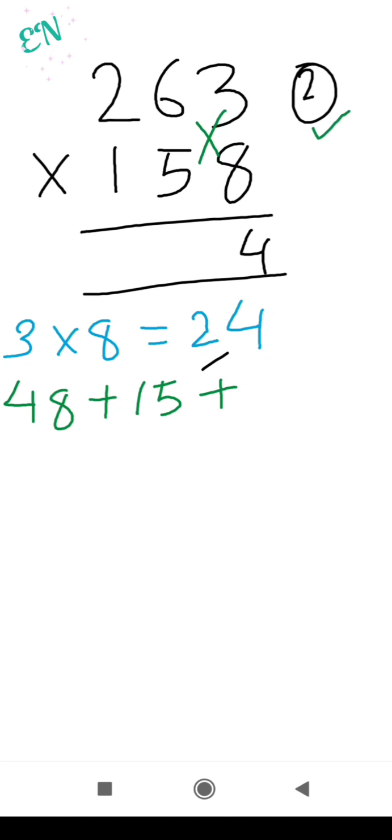So we'll add 2 also. So we'll get the answer as 65. 5 we will write in the answer and 6 we will keep aside as carry.